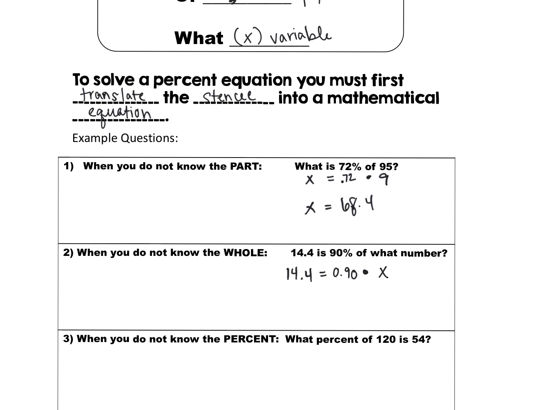So 14.4 equals 0.9 times x. So if we want to undo multiplication, we have to divide. So we're going to divide by 0.9 on both sides. And we get 16 is what x is. These cancel each other out, leaving just x.